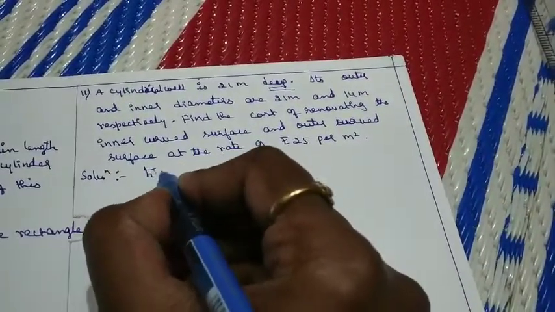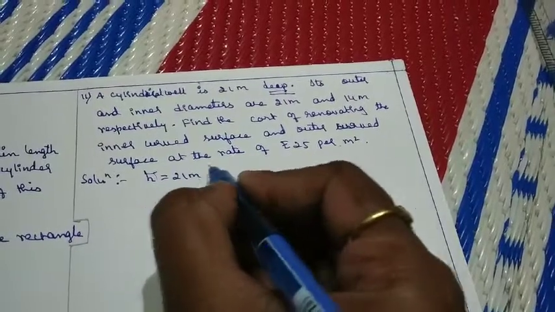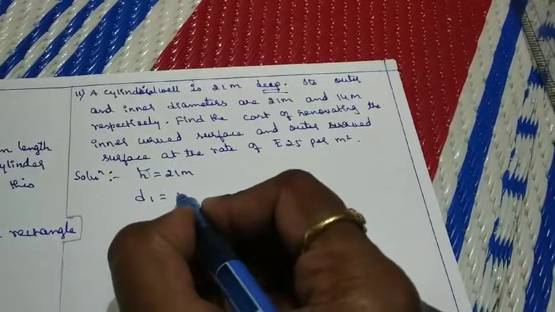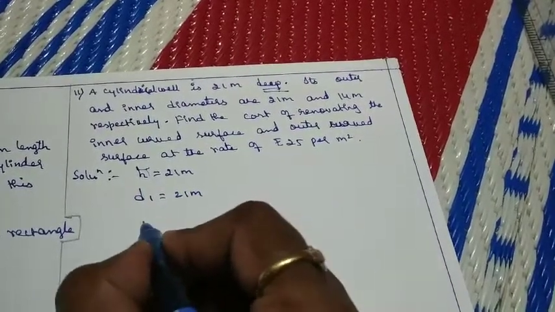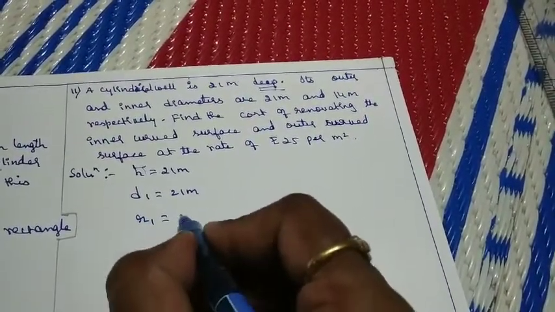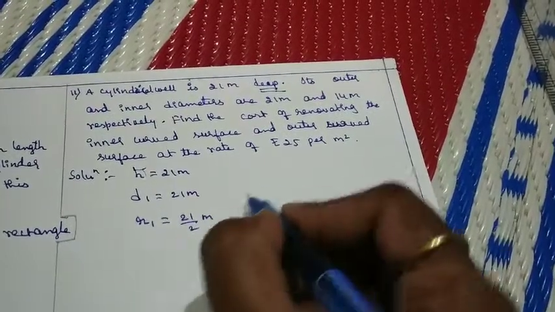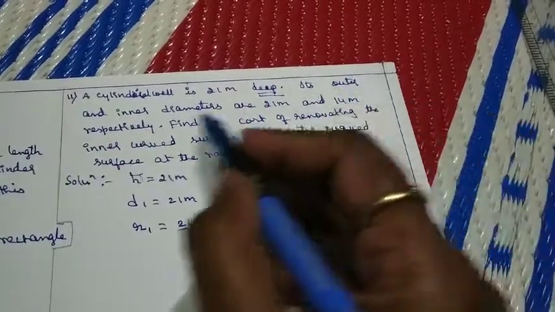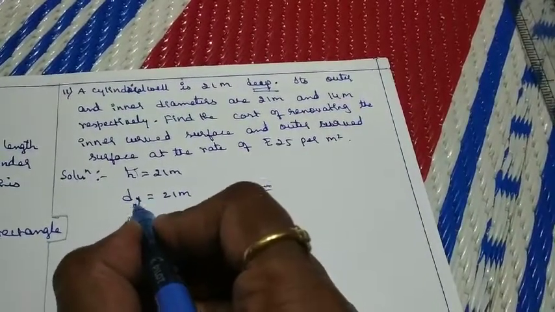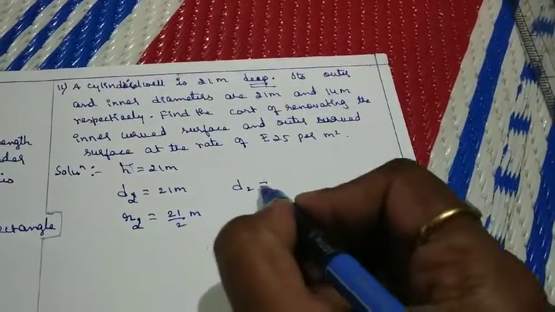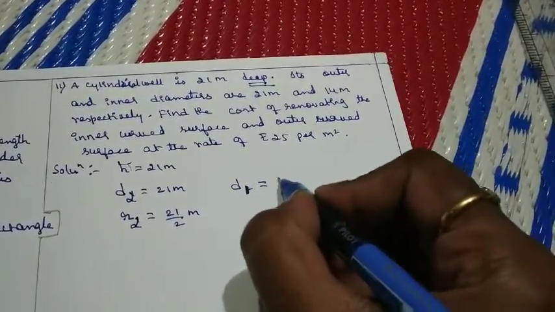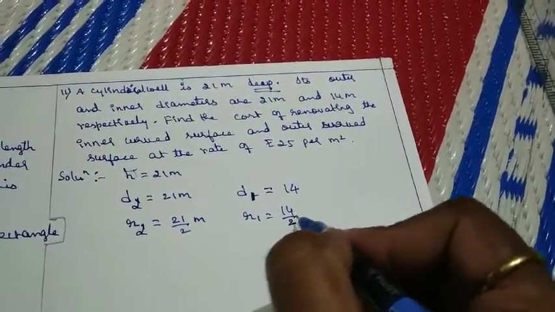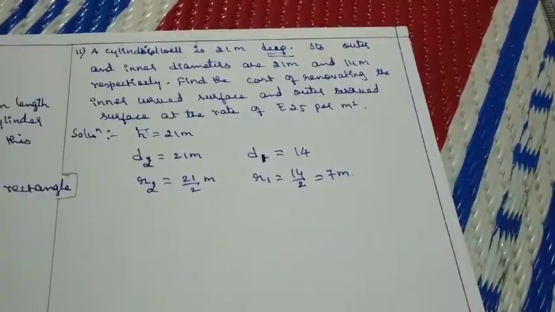So height of cylinder equals 21 meter and inner diameter D1 is 21 meter. Then its radius R1 is 21 by 2 meter. Then outer diameter D2, inner diameter D1 which is 14, and radius R1 that is 14 by 2, which equals 7 meters.